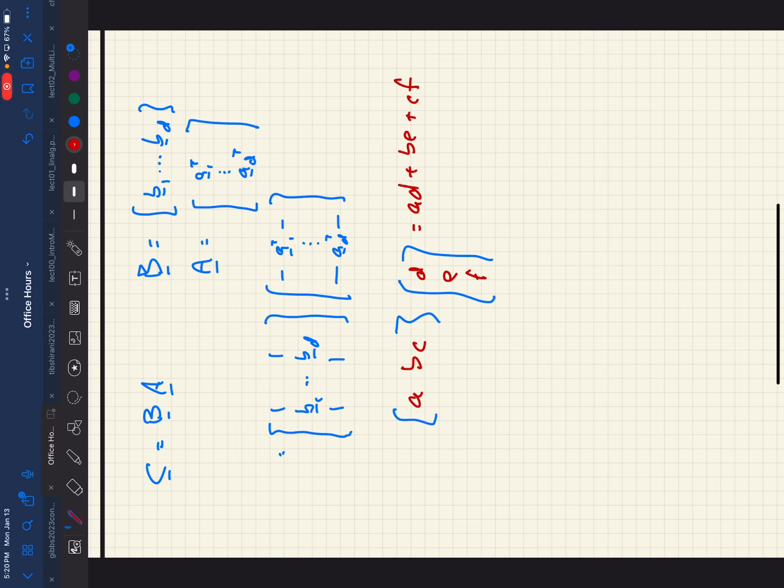The same exact thing works here. In this case, A would be this entire column, D would be this entire row.